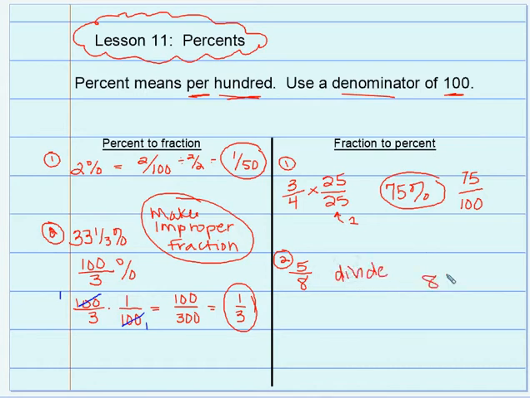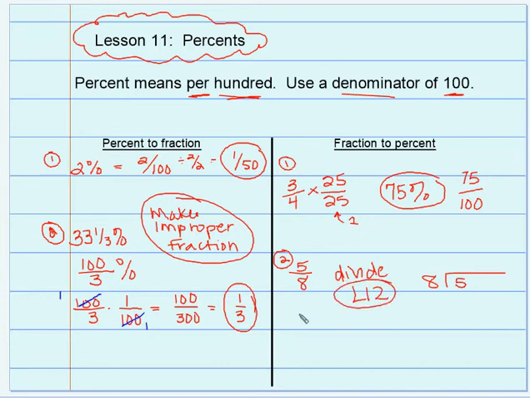So 8 will go into 5 how many times? Oh, whoops, let me back up. This is one possible way to do it, and we're going to talk about that in lesson 12. So we're going to put this on hold until lesson 12. Say, see lesson 12.